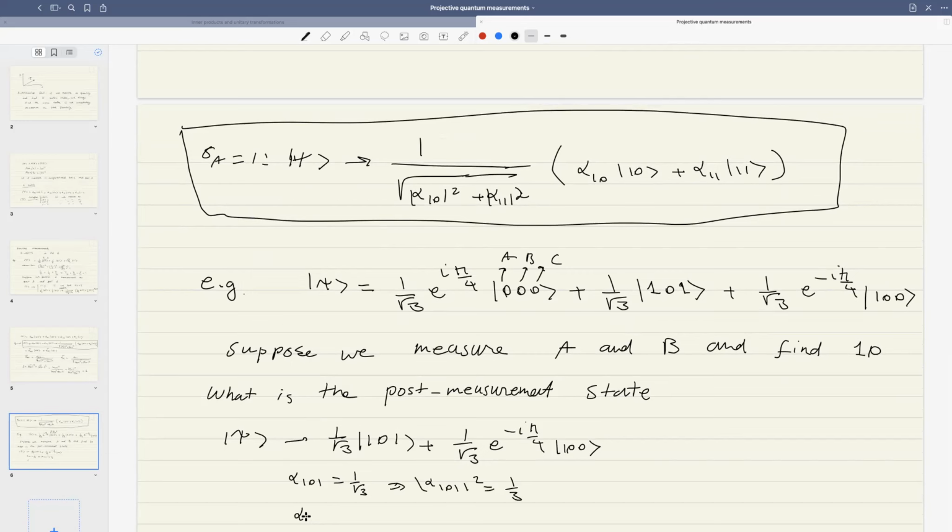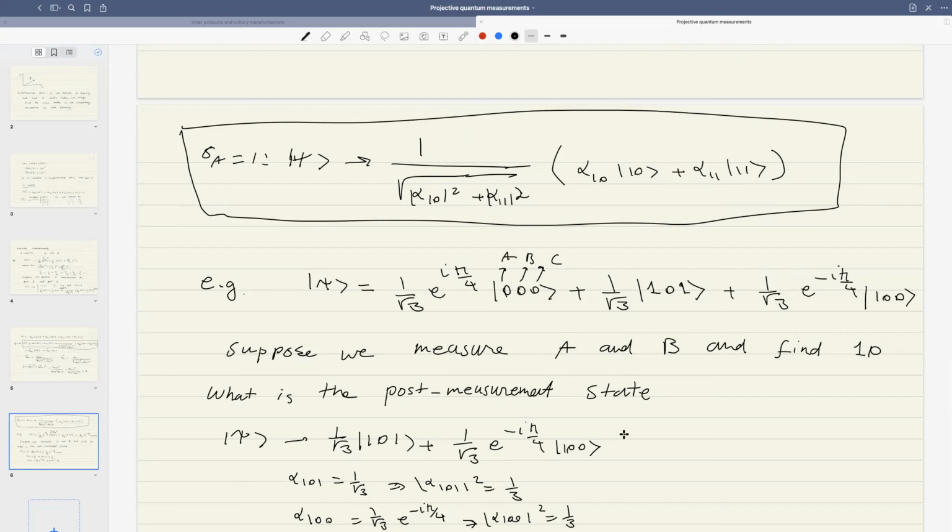And then alpha 100 is 1 over square root 3 times some phase factor. Again, the phase factor goes away when I take the absolute value, because you multiply that by its complex conjugate. So we multiply e to the minus i pi over 4 by e to the plus i pi over 4, they go away. So that gives me, again, alpha 100, absolute value squared is 1/3.